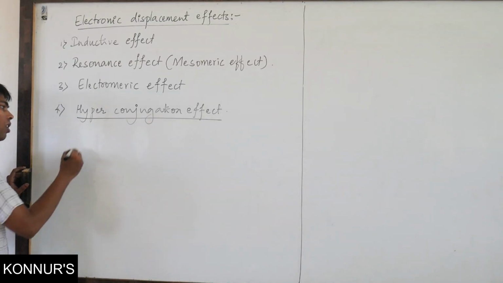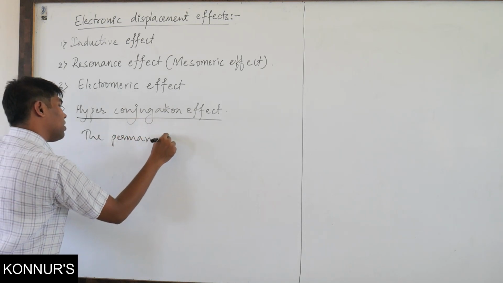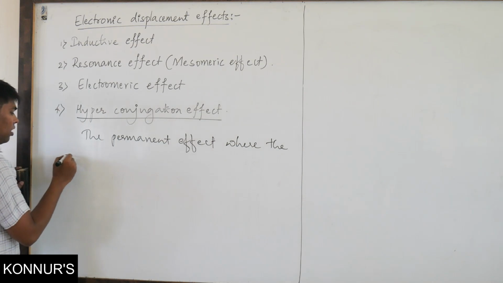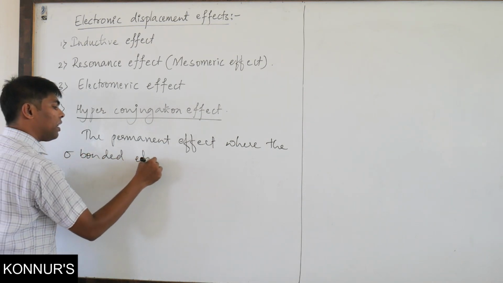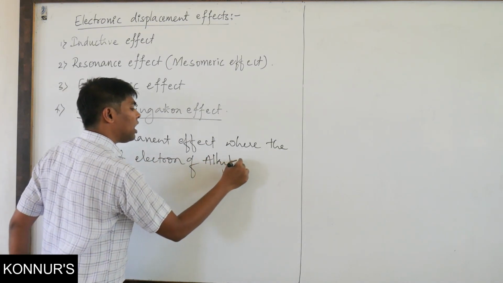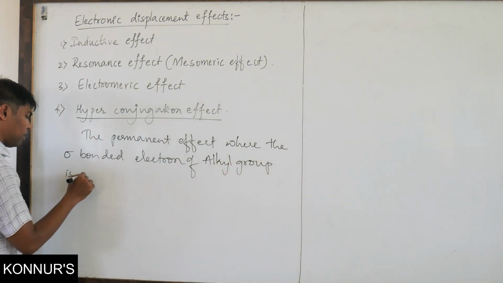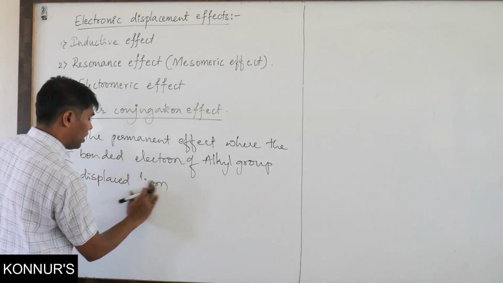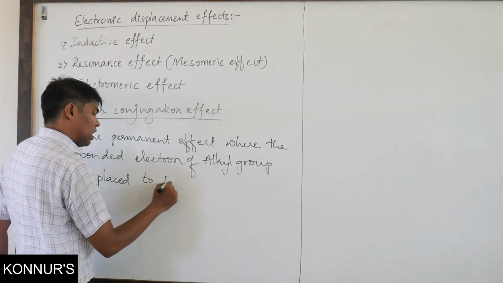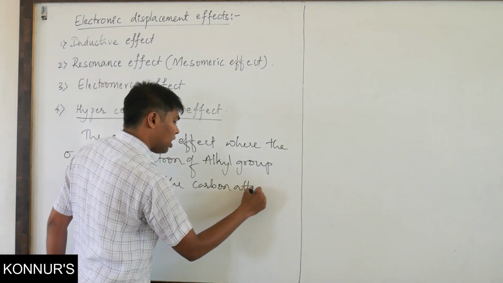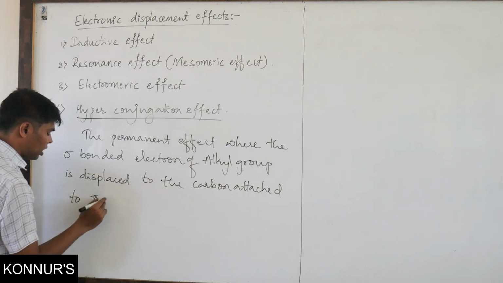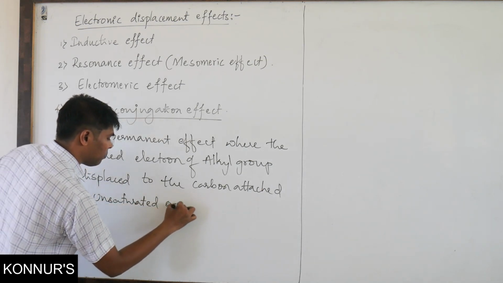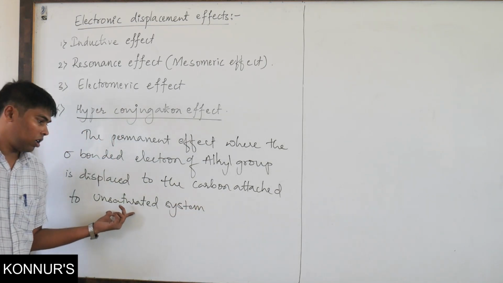Next is the hyperconjugation effect. This is also a permanent electronic effect, where the sigma bonded electron of an alkyl group is displaced to the carbon attached to an unsaturated system, which means it contains at least one double bond or one pi bond.